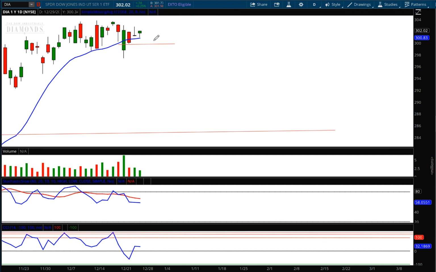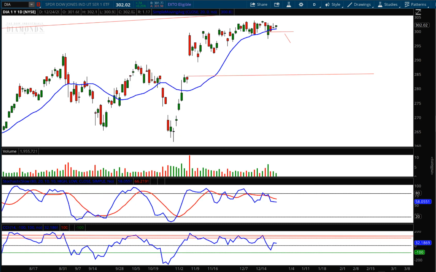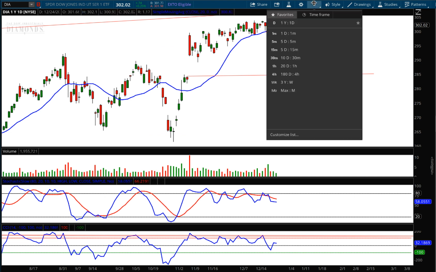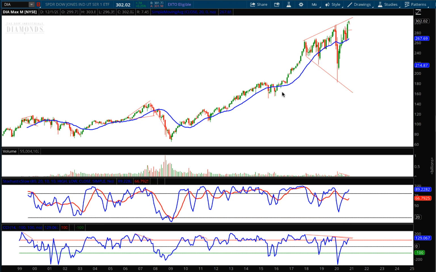So I'm going to leave this in place. Now I'm going to put this like a contingency more or less. If we start closing below that moving average, then prices will most likely start to drop. We're seeing a very pronounced megaphone top. I point this out almost every single week. You can see a broadening topping pattern right here.